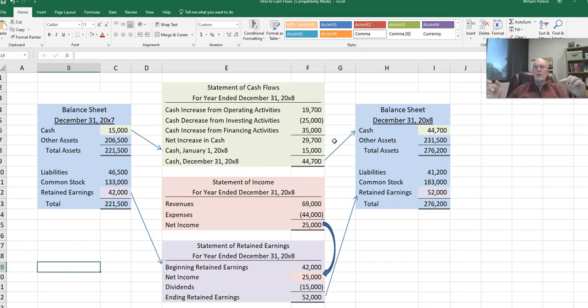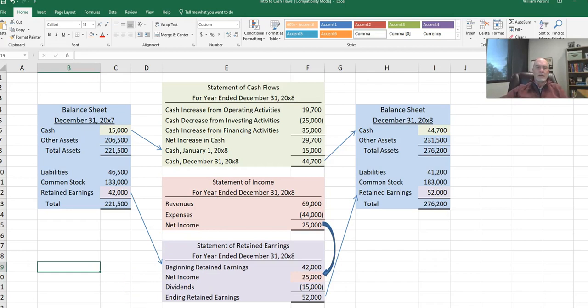Contrast that with the income statement. The income statement focuses on revenues that we earned by doing work and the expenses that were incurred while doing that. And so again, the income statement focuses on the work that we did. The statement of cash flows focuses on the cash flows, the cash collected and cash payments.